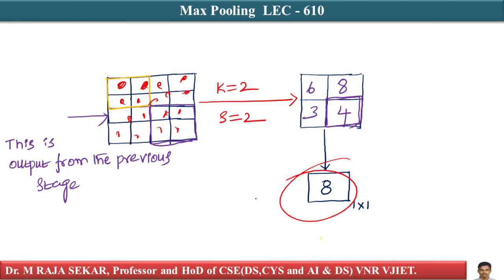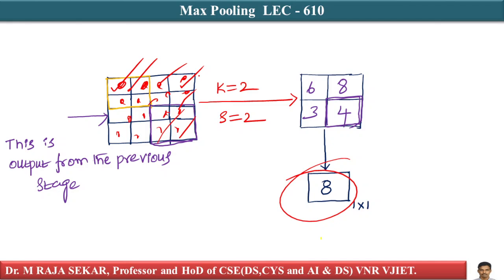Max pooling is a sort of location invariance, because whether your face is here or here, wherever it may be, it will still detect the face because it is taking the maximum activation of each of these values. What is this 8? 8 is the maximum value of all these 16 values. That point is important.